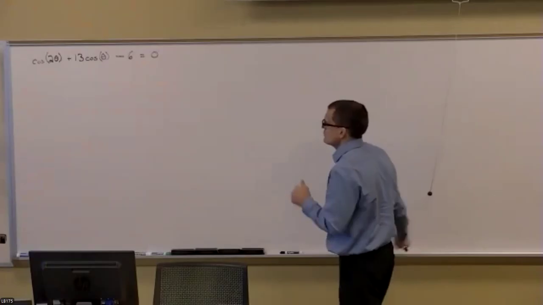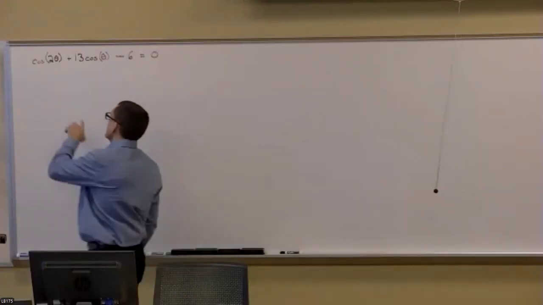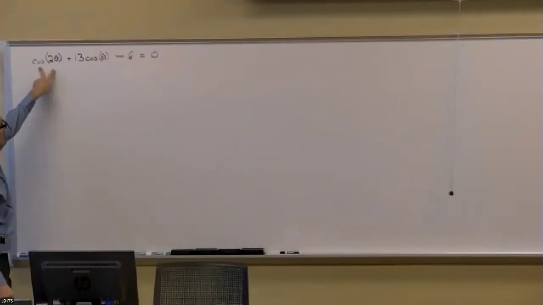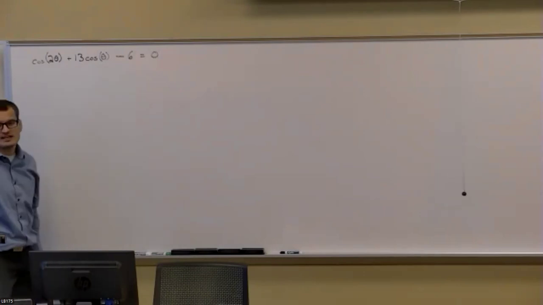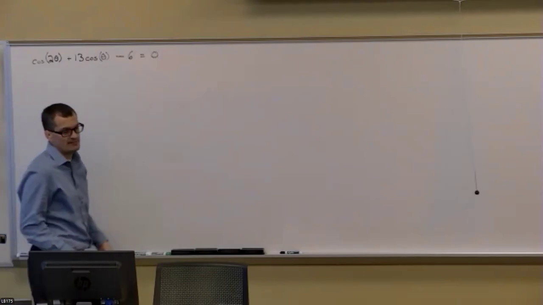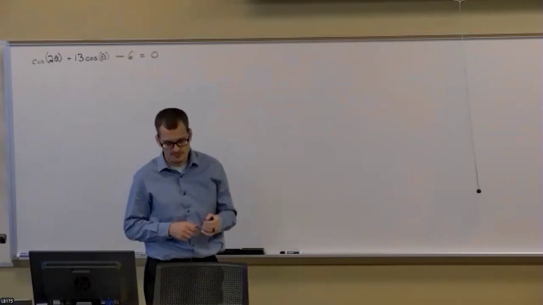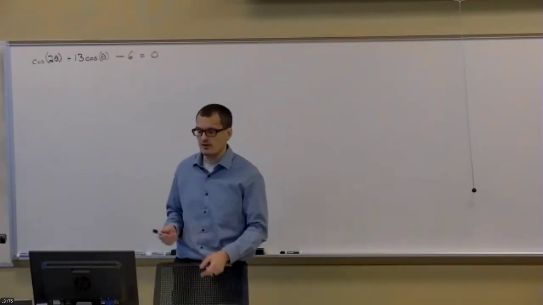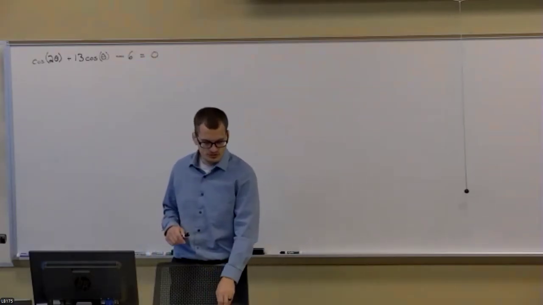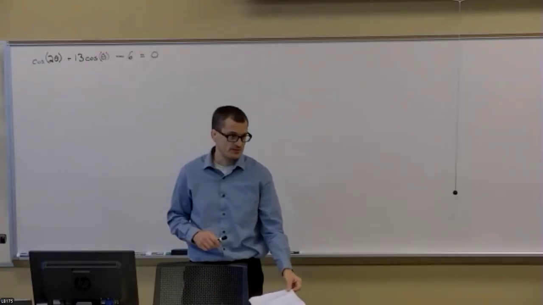The first thing you should see is that we have a cosine of 2 theta and then a cosine of theta. That's not going to be very easy to deal with unless I translate one of them into some expression involving the other.